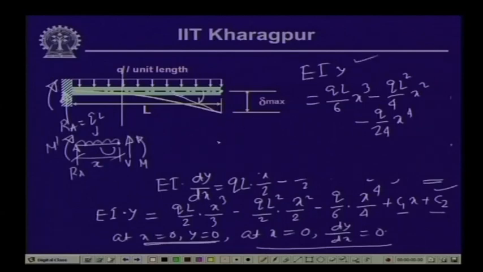This gives us EI y equals qL/6 into L³ minus qL²/4 times L² minus qL⁴/24.